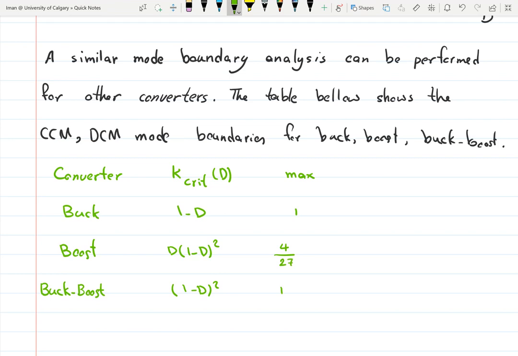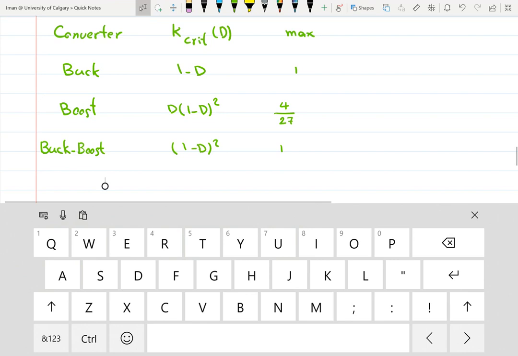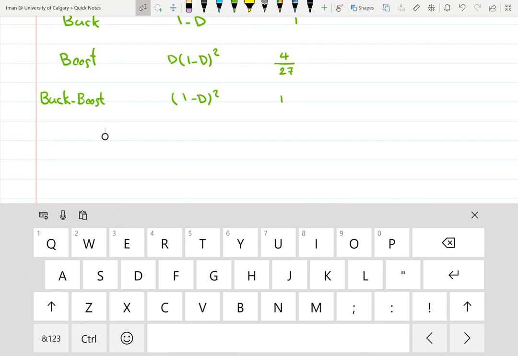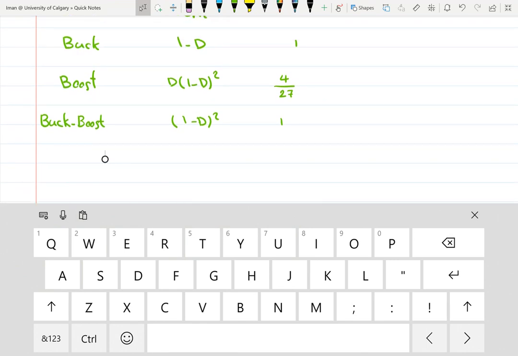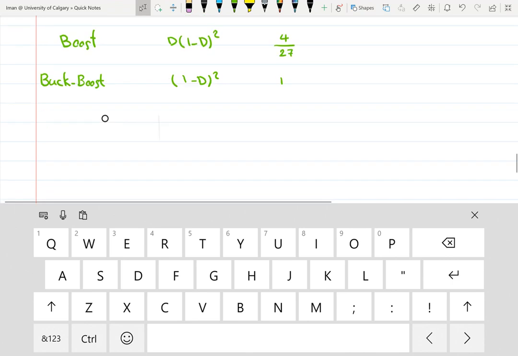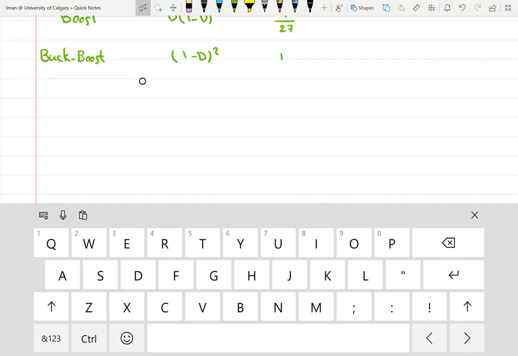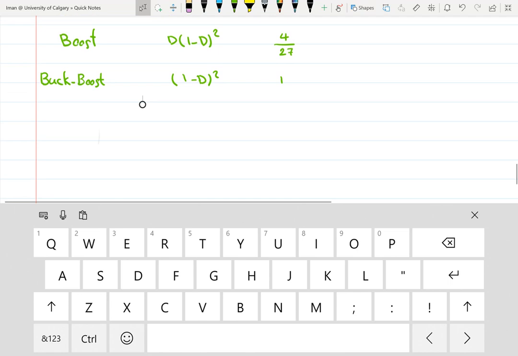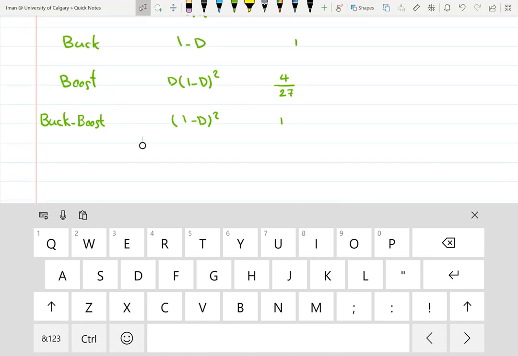If you want to find the boundary condition for the flyback, it's very similar to the buck-boost, except that it is divided by the turns ratio n squared. Okay, so the same thing that we said for the buck applies here too.